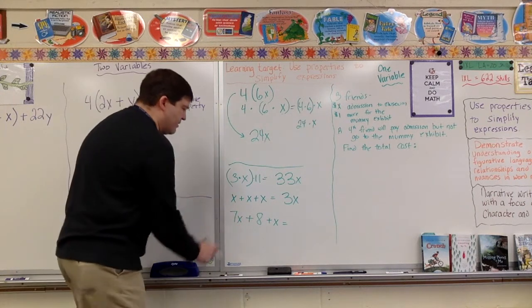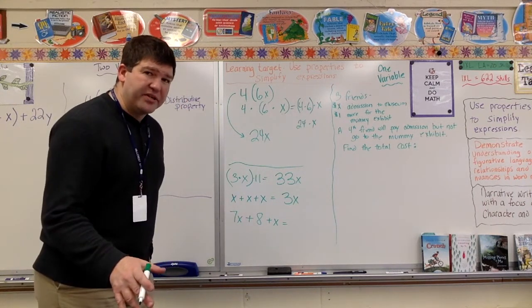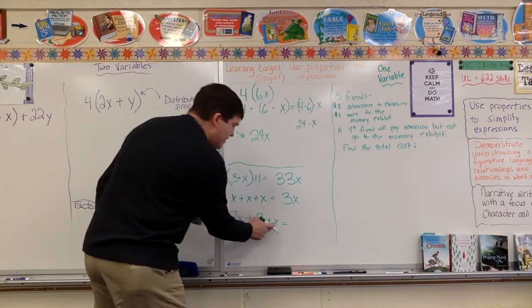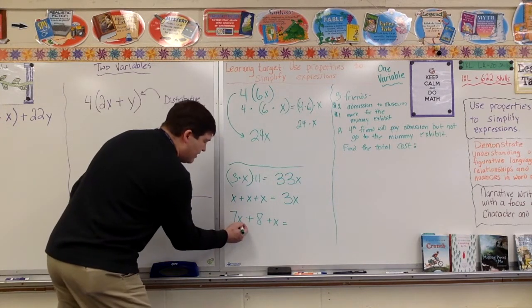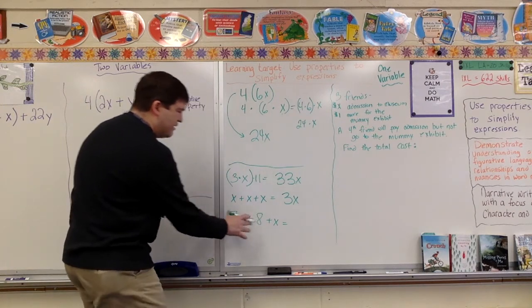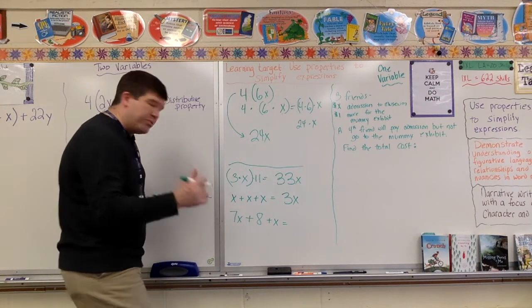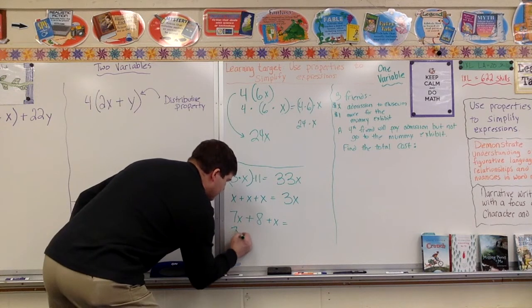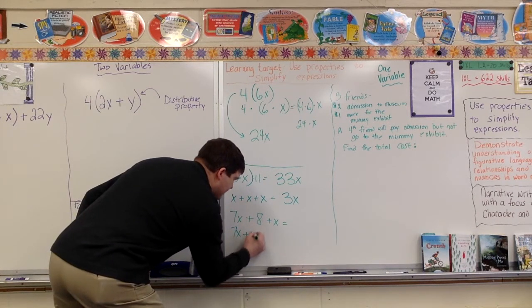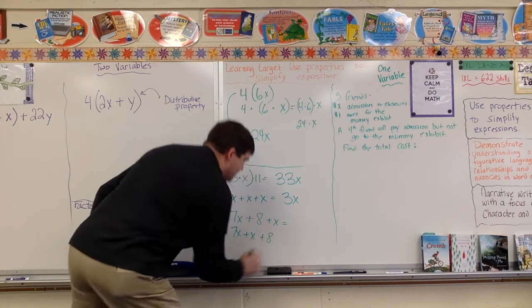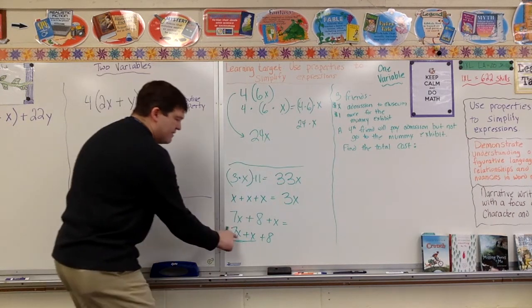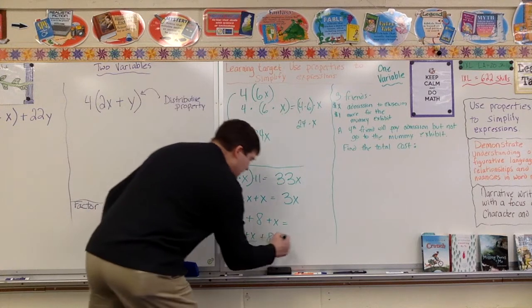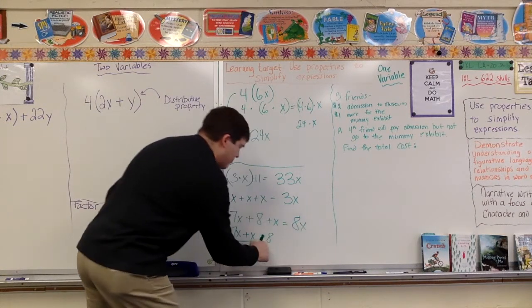Okay. Here, we talked about like terms. When you're adding, you have to have like terms that you can add together. Because of the commutative property, I can switch this to be 7x plus x plus 8. So now I have these two next to each other, and if I have 7x here and I have another x here, I have 8x plus 8.